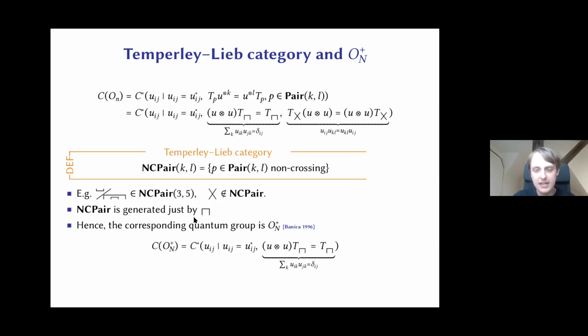So if we describe the representation category using some diagrams, then typically the diagrams involving some crossings correspond to relations that involve some commutation. And if we remove all the crossings, then we remove all relations that correspond to some commutation, and we end up with some free quantum group. So that's one possible construction here.